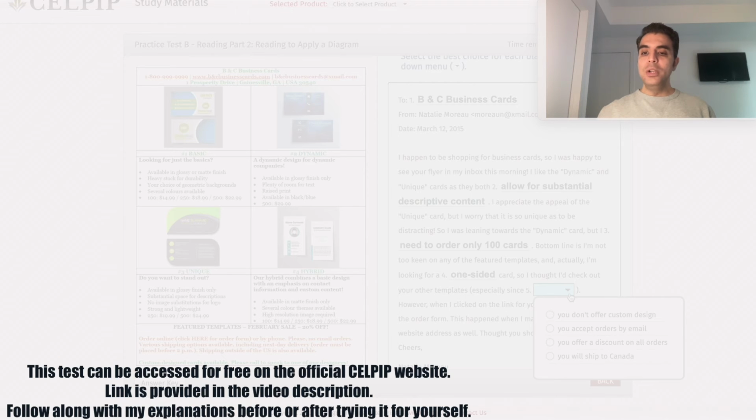And then you will ship to Canada. Now, if you want to go with the keyword approach, you're going to look for the word Canada. And you're going to see, oh my God, there's nothing there. There's no mention of Canada. But if you look at that last part, the part that's in orange, the last sentence says shipping outside of the US is also available.